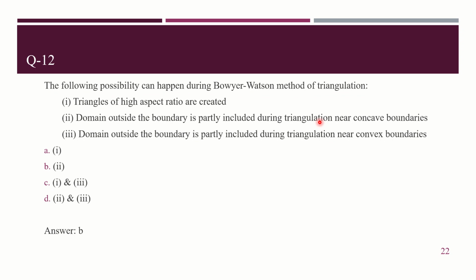If a neighbor cell is deleted, the common face between the neighbor and the first deleted cell must be removed, and the search proceeds to the neighbors of the cells. So on that basis we have that. Here the domain outside the boundary might be included partly for the concave boundaries, not convex boundaries.